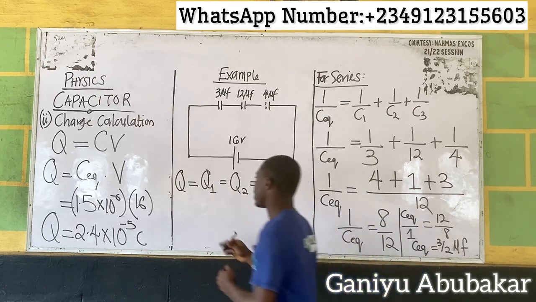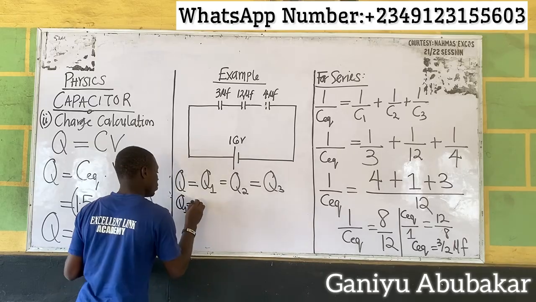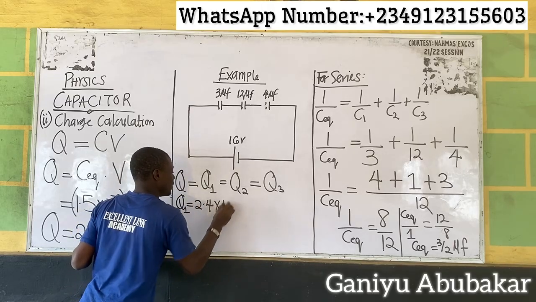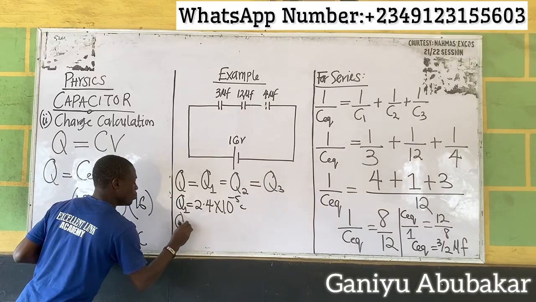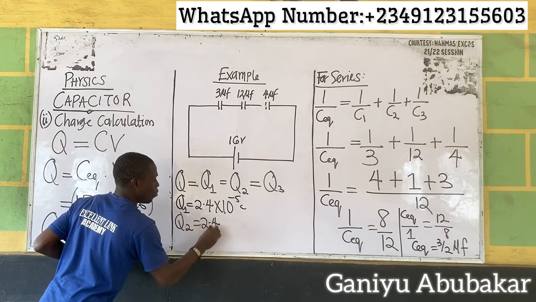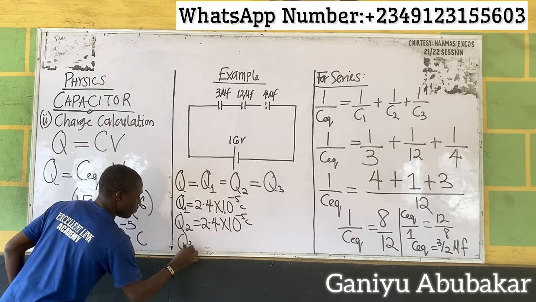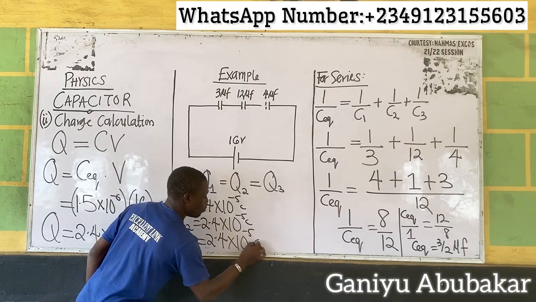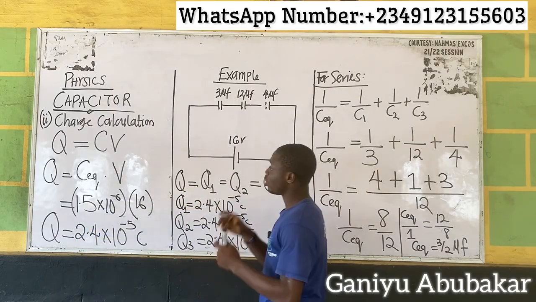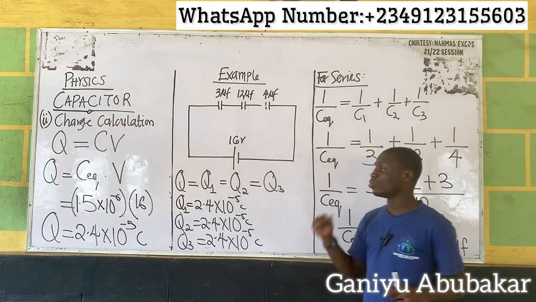So Q1 will be equal to this value, 2.4 times 10 to the power of minus 5 coulomb. Q2 is the same value, 2.4 times 10 to the power of minus 5 coulomb. Q3 is the same value, 2.4 times 10 to the power of minus 5 coulomb. So I've gotten the charges for each capacitor, Q1, Q2, Q3.